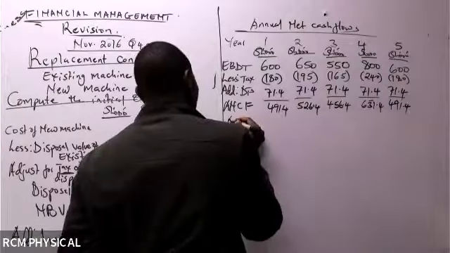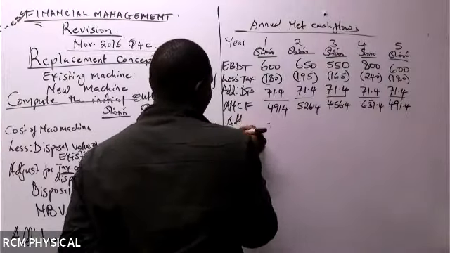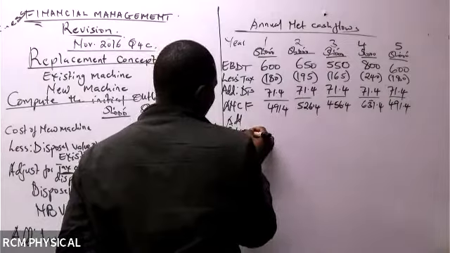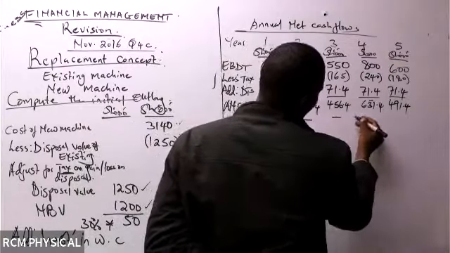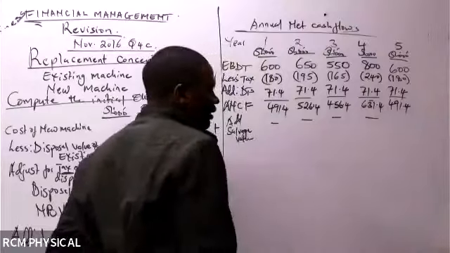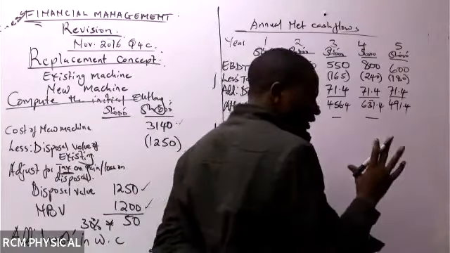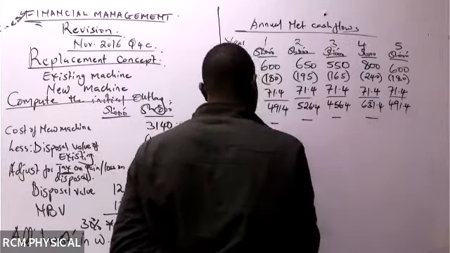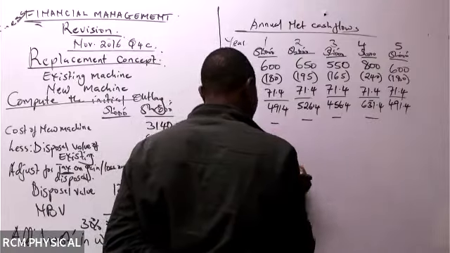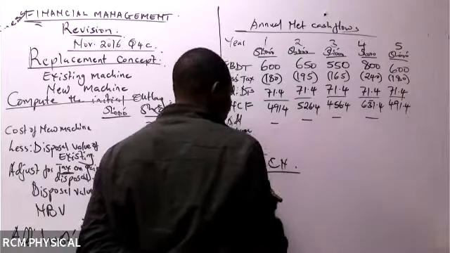Then the other item is the salvage value. It will be found in the last year. I advise you to do this, because sometimes I see students forget. So work out the salvage value here.